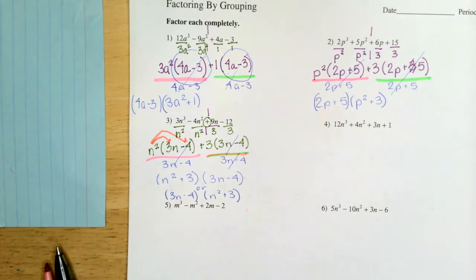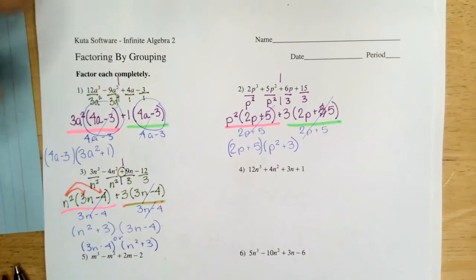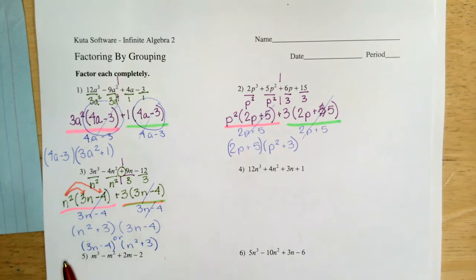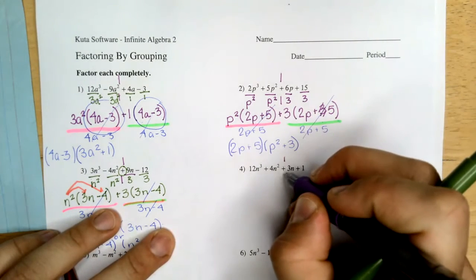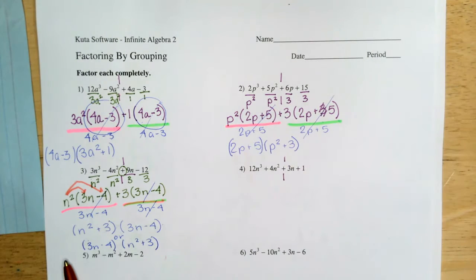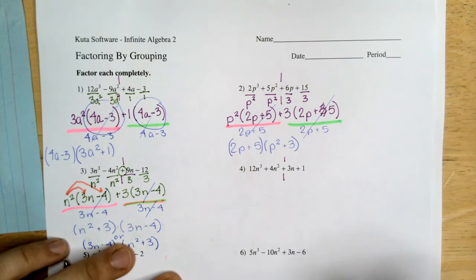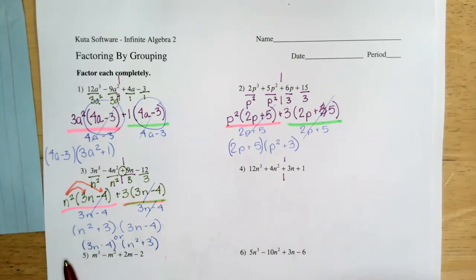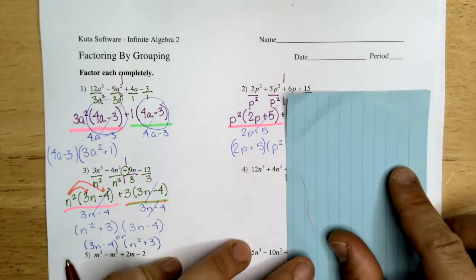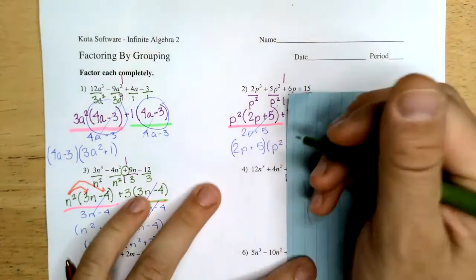Okay. All right, the fourth one. So again, split it into 2. Let's just keep going. 12n cubed plus 4n squared.